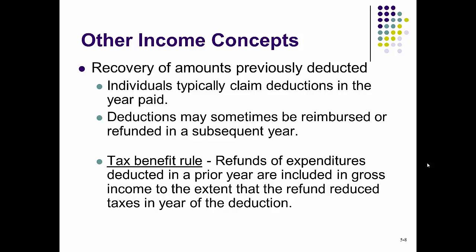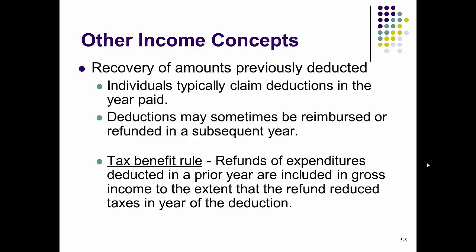For example, a taxpayer paid a $1,000 business expense claimed as a for AGI deduction in 2013, but $250 of the expense was subsequently reimbursed in 2014.